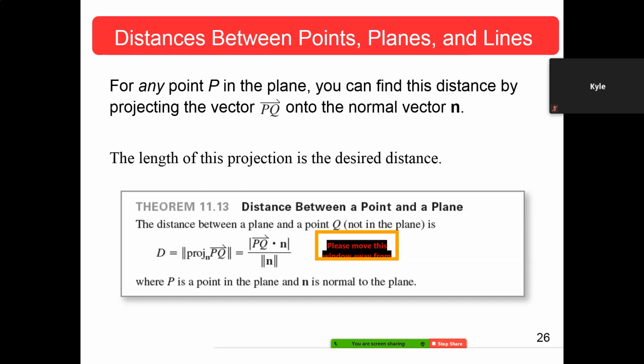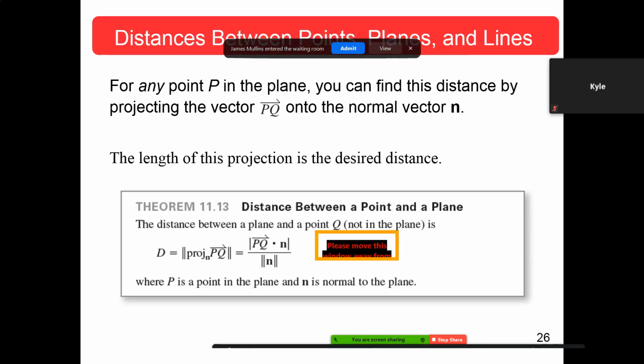Now the point P is in the plane, point Q is not in the plane, so this is a line that's going from the plane up into space somewhere to point Q. Okay, you dot that with the normal to the plane, take the absolute value of that and divide it by the magnitude of that normal vector. Okay, the normal vector is made up of the direction numbers.